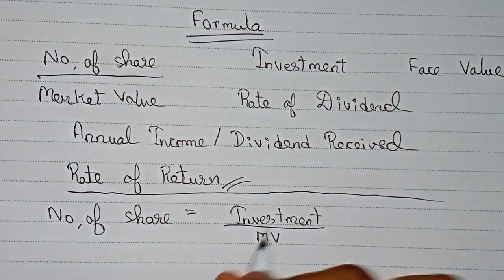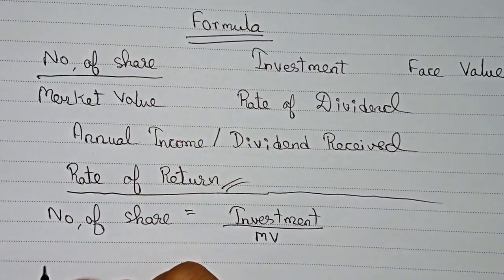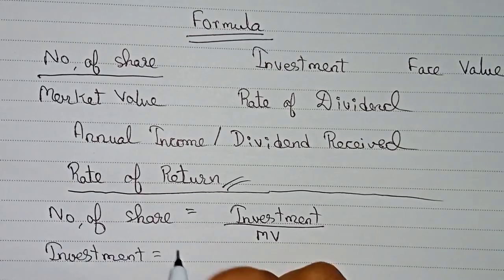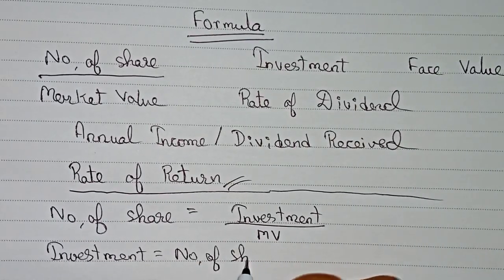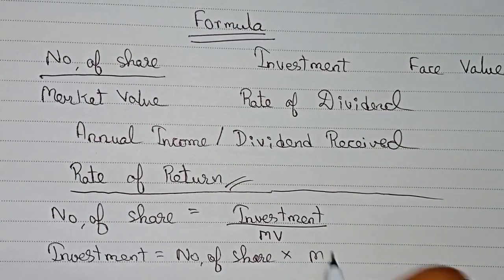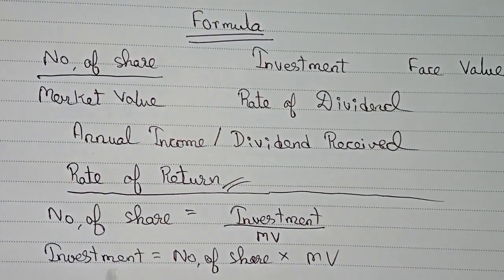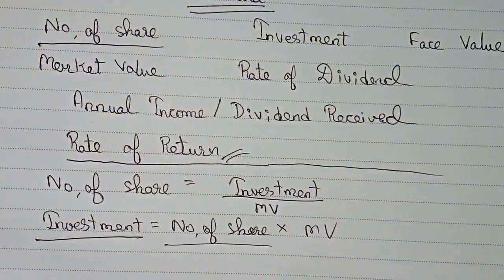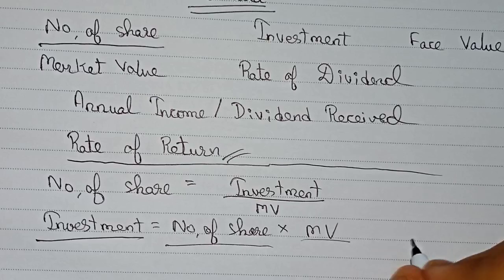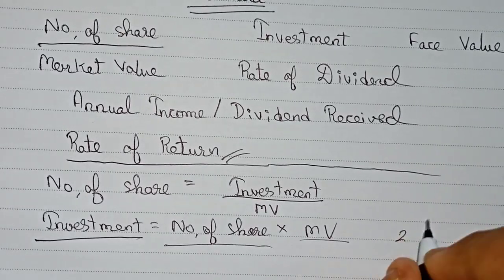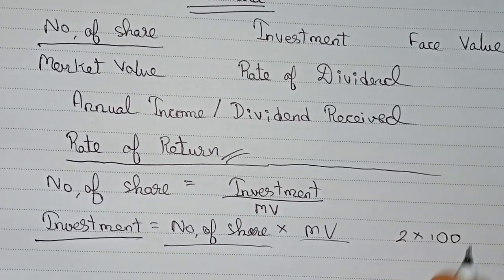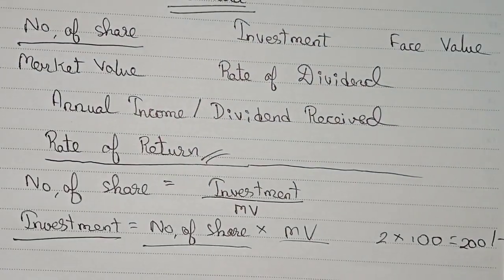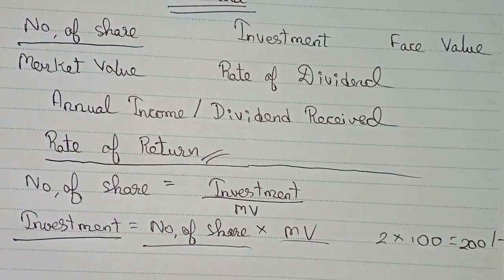Now investment is equal to number of share into market value. Investment means the total amount that I am investing. Suppose I purchased 2 shares of rupees 100. So 2 into 100, that means my investment is 200 rupees. So now we got number of share and investment.